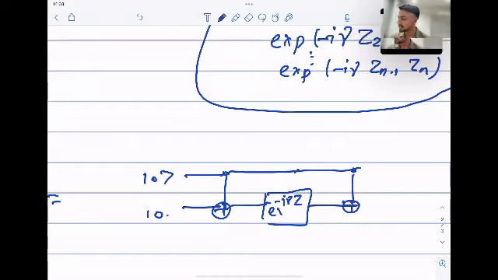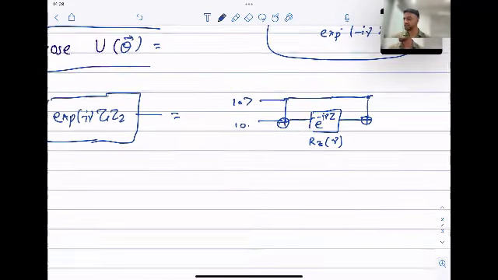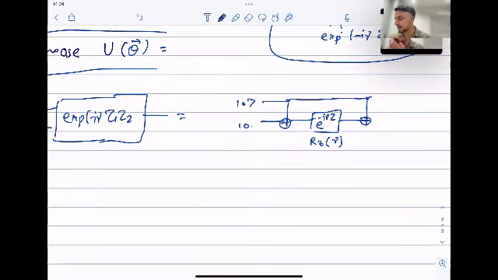And what is this? This is just your rotation by angle gamma. Exponentiation of some parameter with X, Y, or Z will just be rotation along that axis by, actually, this has to be 1/2. So just make sure that is the case. So this will be 2 gamma.